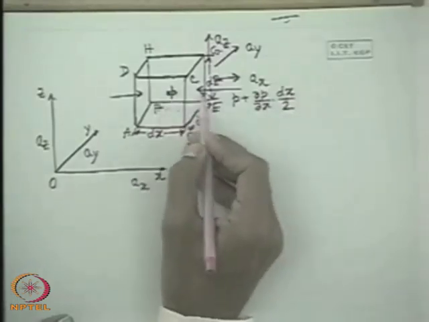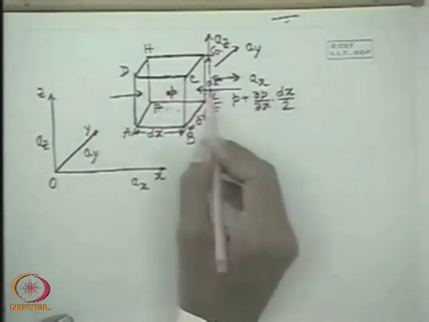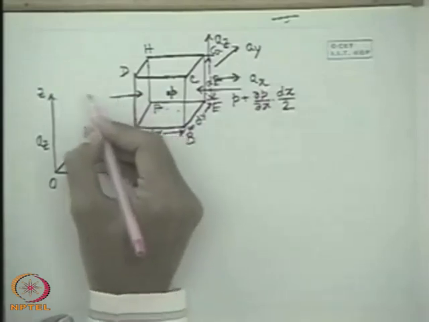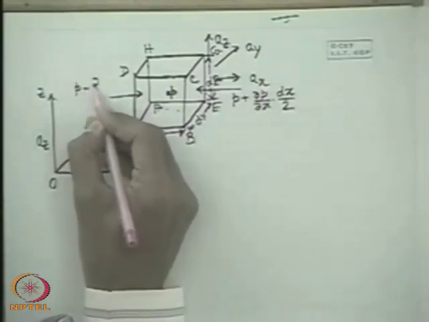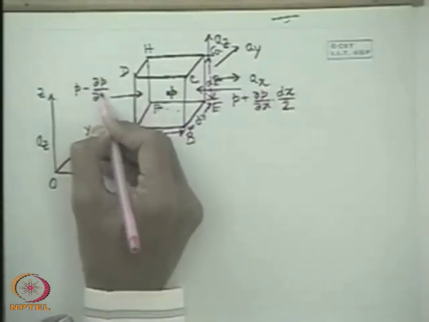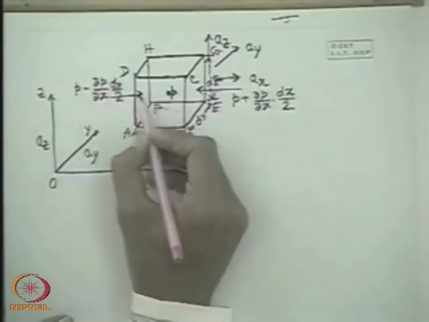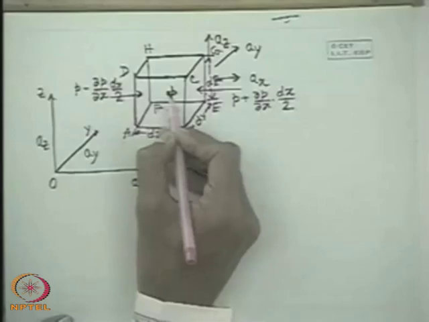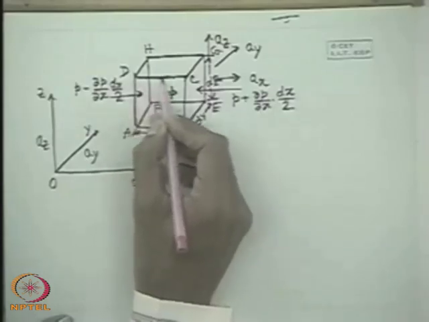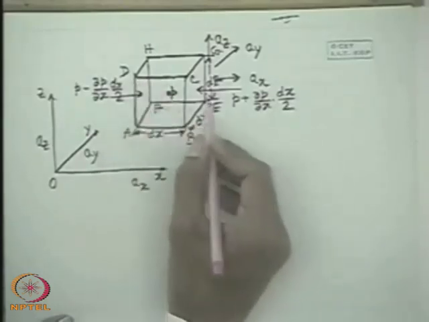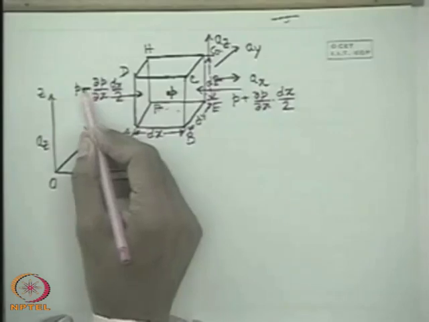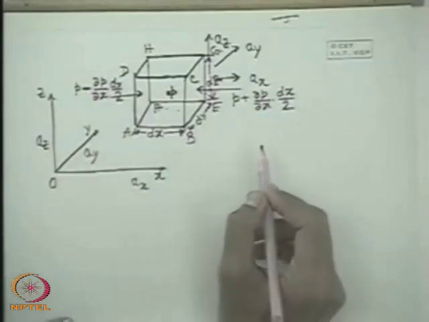That means this is the increment of P due to a change of dx by 2 in the positive direction. Therefore, the pressure here will be P minus del P del x times dx by 2, which is the increment of P for a change in x by a distance of dx by 2 in the negative direction. That's why the negative sign is there mathematically.